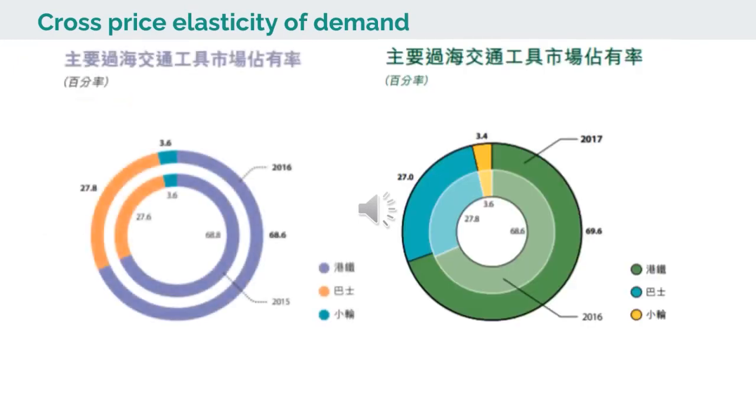From the two pie charts, we can see that after the increase in Star Ferry fare in 2017, the proportion of cross-harbor transportation usage changed. Comparing the statistics from 2016 and 2017, MTR has increased and the ferry industry decreased its market share.